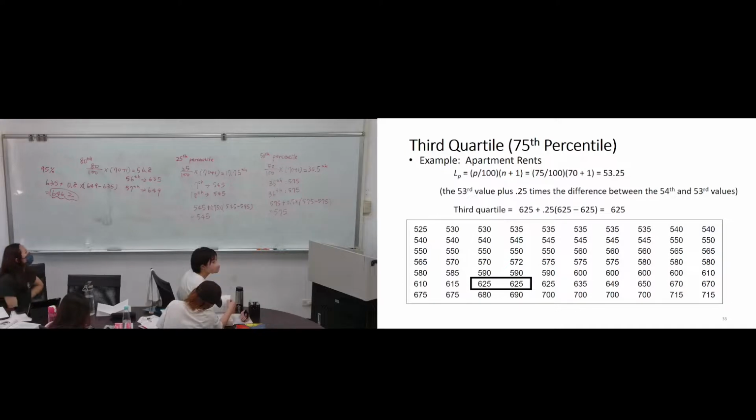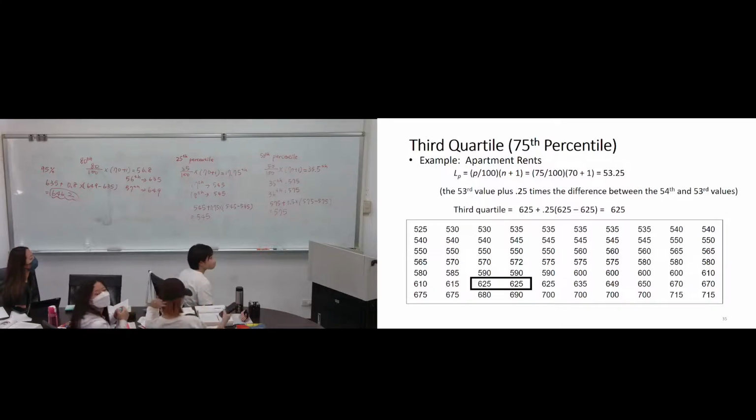For the 75th percentile, we divide 75 by 100 and multiply it by 71. That gives us 53.25. What should we do? We should find two values: the 53rd, 625, and the 54th, still 625.